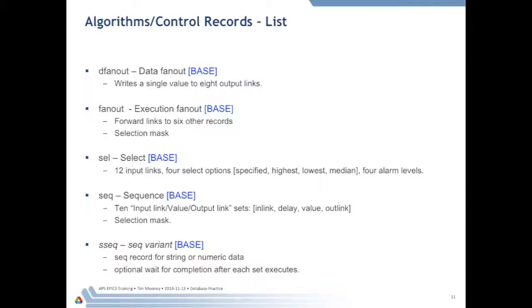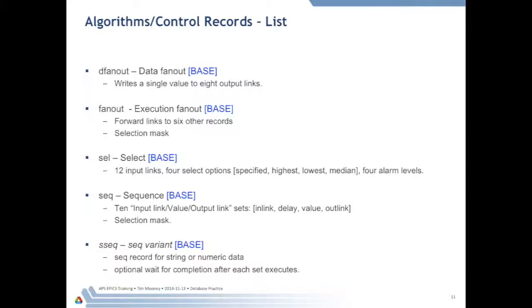And there is a variant on that record, the sseq, which is pretty similar, but it can also operate on strings. The seq record only operates on numbers. The string sequence record can operate on strings or numeric data, and it also has an option of waiting for completion after it's written the value, and assuming that the value has caused some processing.